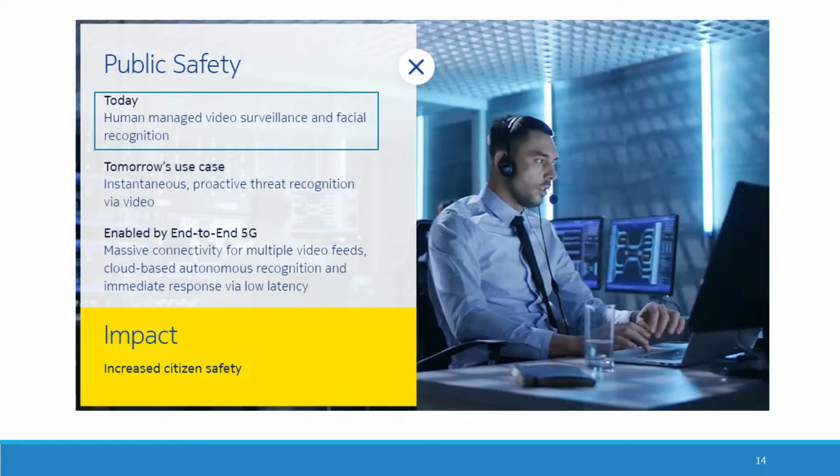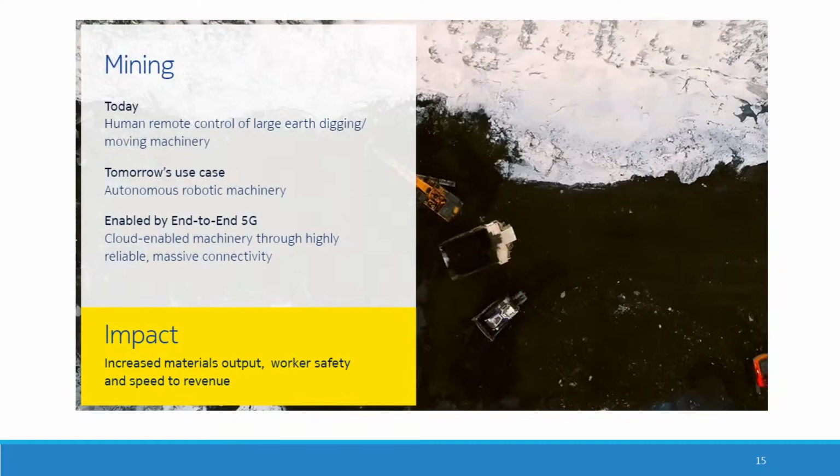In the future, we want to have proactive threat recognition, enabled by end-to-end 5G, with massive connectivity for multiple video feeds and cloud-based autonomous recognition. So that means you have to implement something like AI. With AI, you need more computing resources.